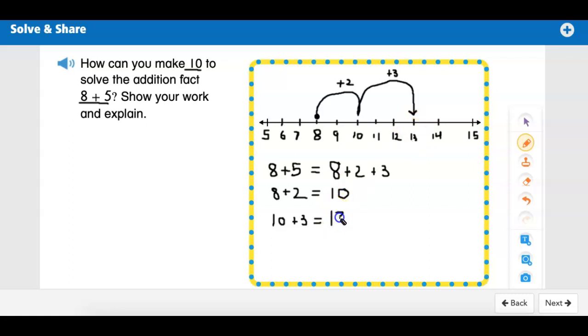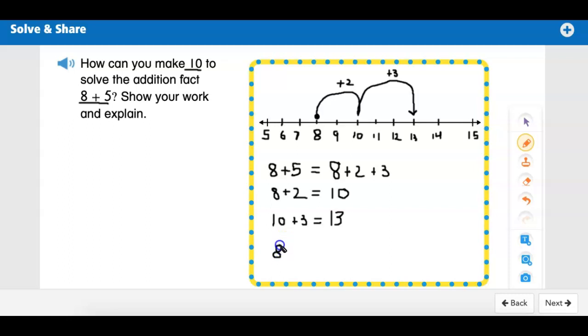I landed on the 13. So, what we just saw is that 8 plus 5 is 13.